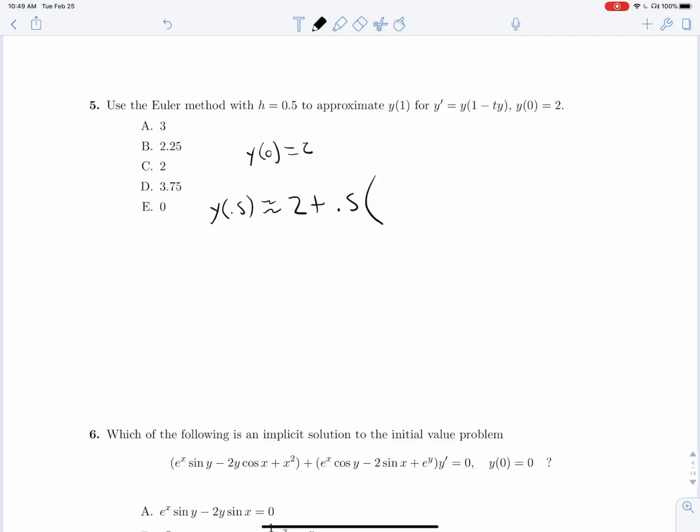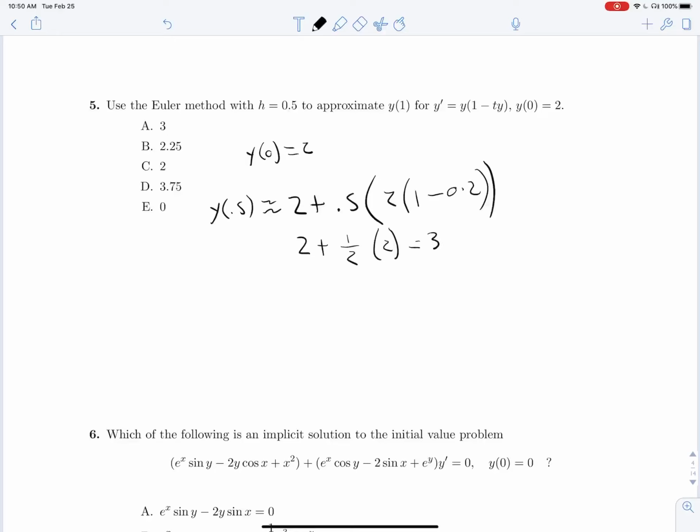So y prime is equal to y, which is 2, times 1 minus 0 times 2. That's just going to give us 2 plus 1/2 times 2, which is just 3.